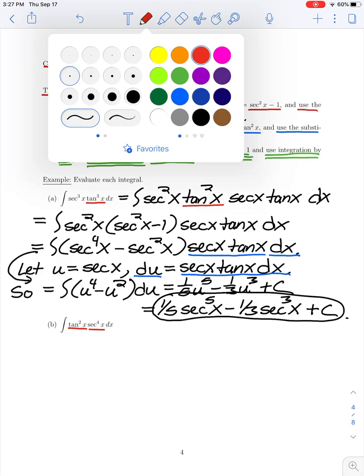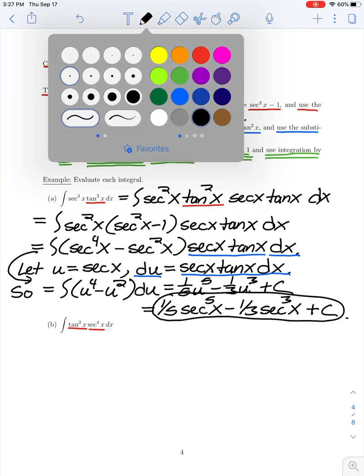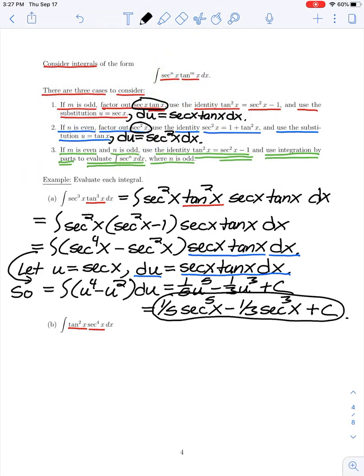So I could use the second case that we had discussed above, which said if the power of secant is even, I could factor out a secant squared x, which would leave me with tangent squared secant squared x. And then I've got my extra factor of secant squared x on the end.